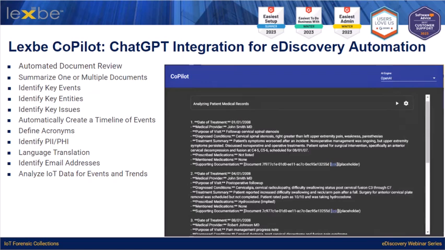So if there are specific events associated with your case and you're analyzing that IoT data, Lexby Copilot with ChatGPT is very efficient at identifying where it resides in the data and helping you organize that without having to sift through volumes upon volumes of data.